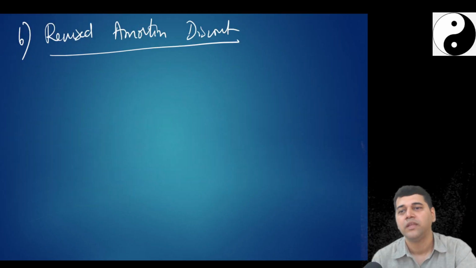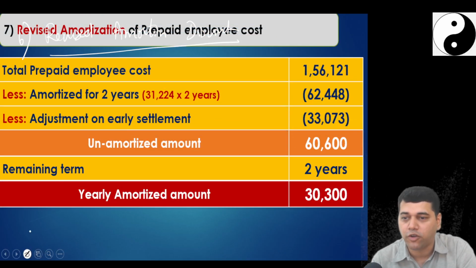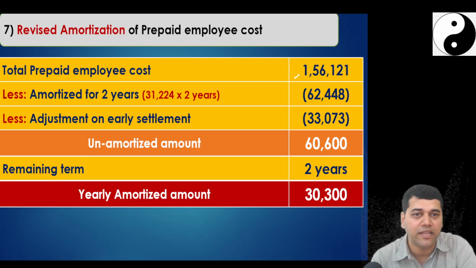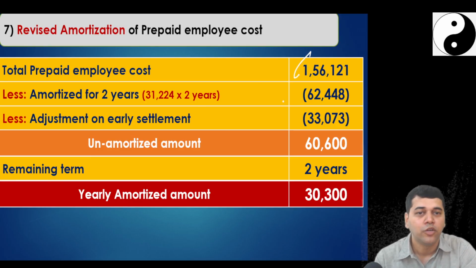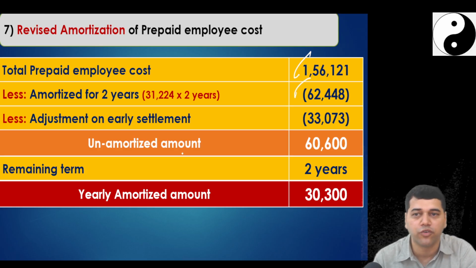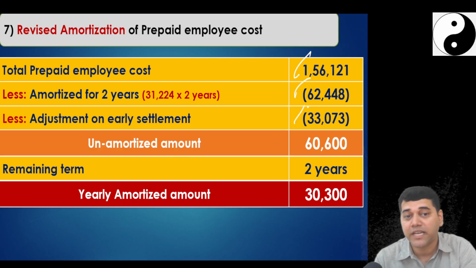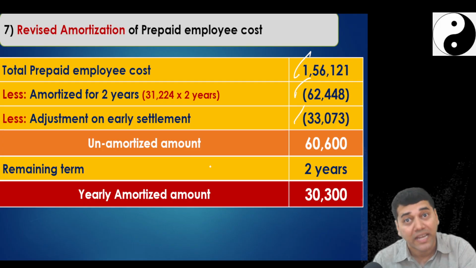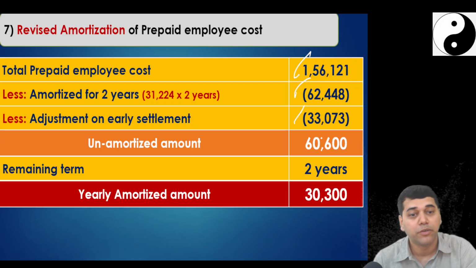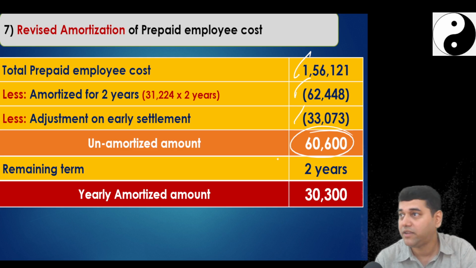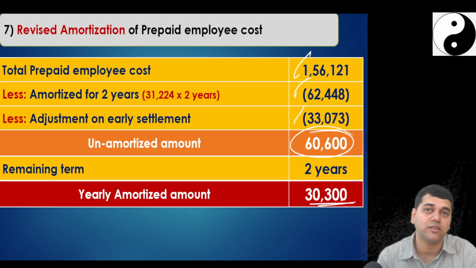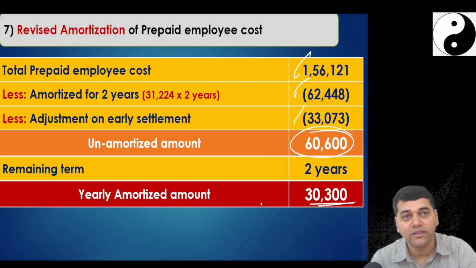Okay, so my revised employee benefit cost, you got now, total is 156 original. 2 years I am going to amortize 62,448. One adjustment I will do, 33,073, which I give a credit to it. Because I get 60,600, I will divide it by 2 years, I get 30,300, finish. What is my entry?